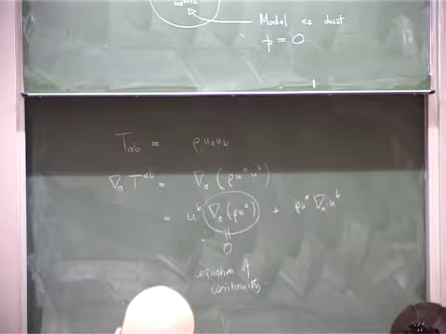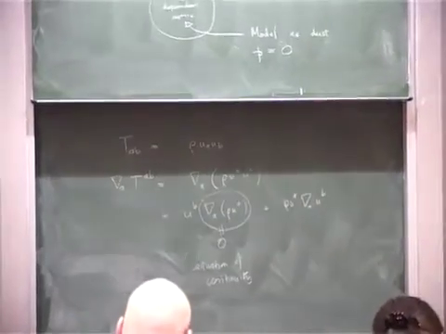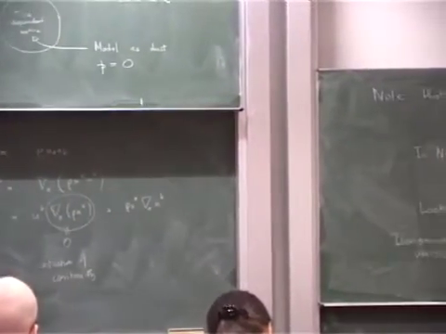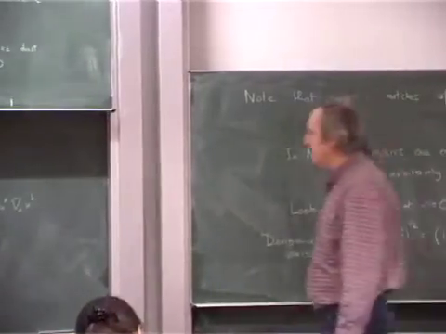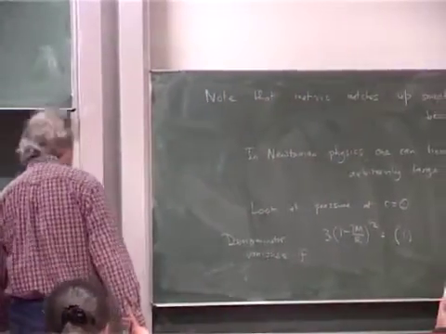That tells you that the velocity 4-vector of whatever is making up this dust in the interior must move along geodesics.